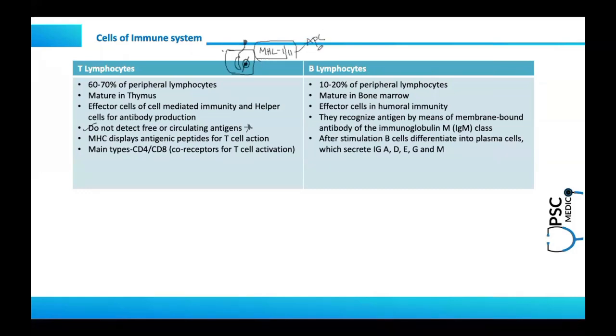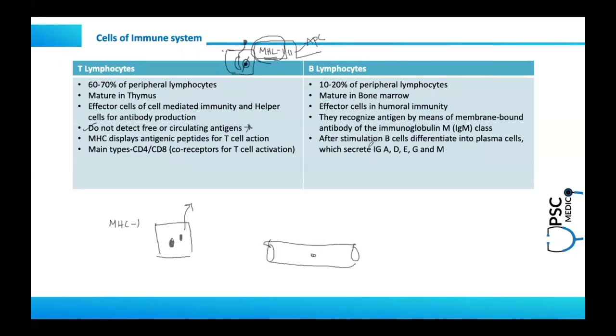If it is an antigen presenting cell, it has MHC2 on its surface. If it is a normal healthy cell, it will have MHC1 on its surface. So whenever there is an intracellular parasite, virus, bacteria or cancer cell, anything which is intracellular, the response is by T lymphocytes, because T lymphocytes cannot detect free or circulating antigen inside the blood.